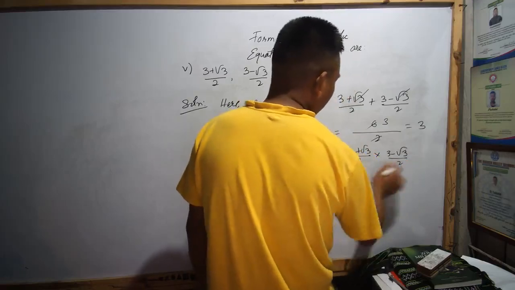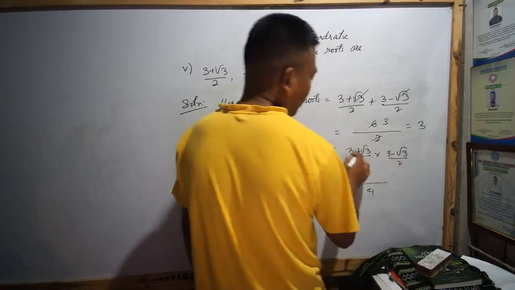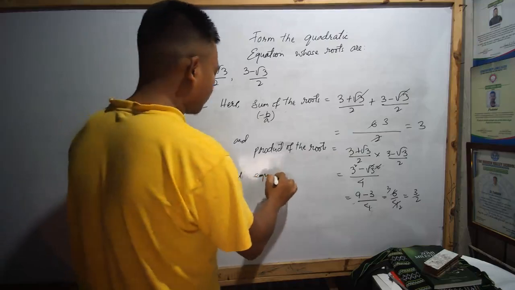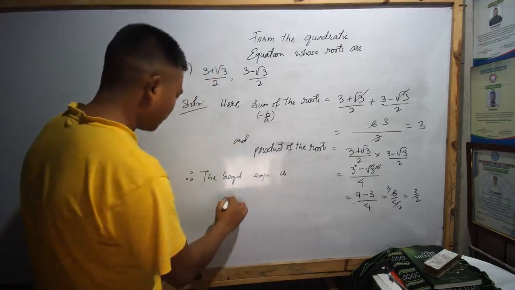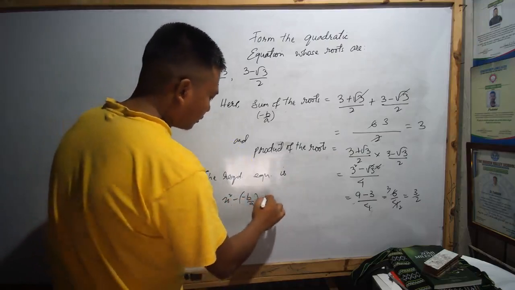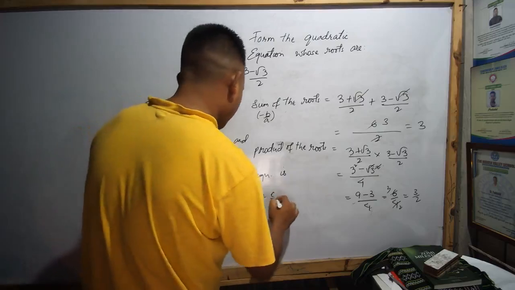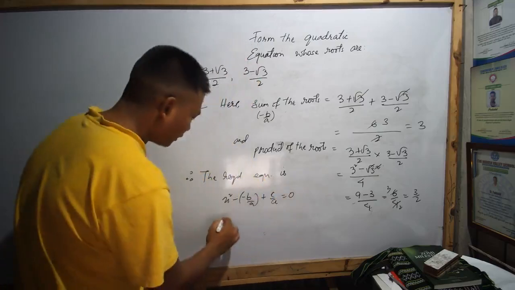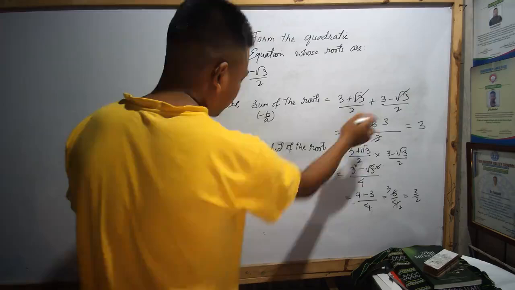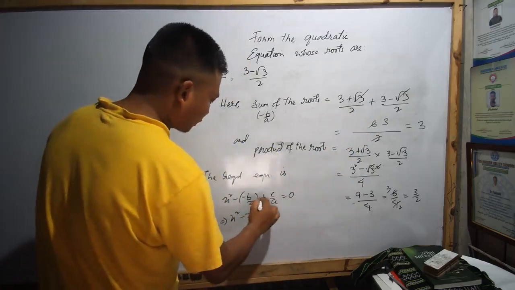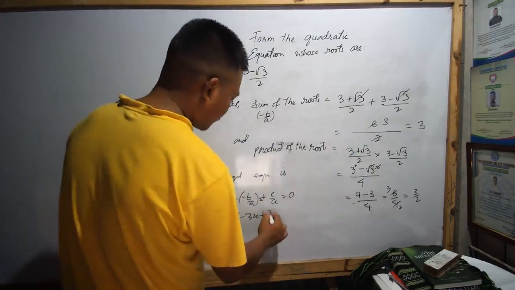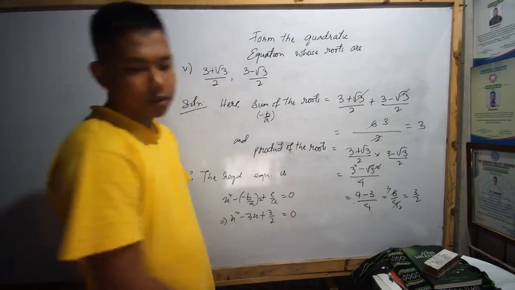2 twos are 4. a plus b times a minus b. The equation is x squared minus b by a x plus c by a is equals to 0. The sum of the roots value is 3, so 3x, plus product of the roots, which is 3 by 2, is equals to 0.